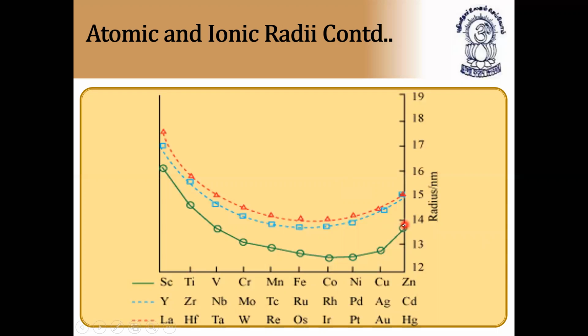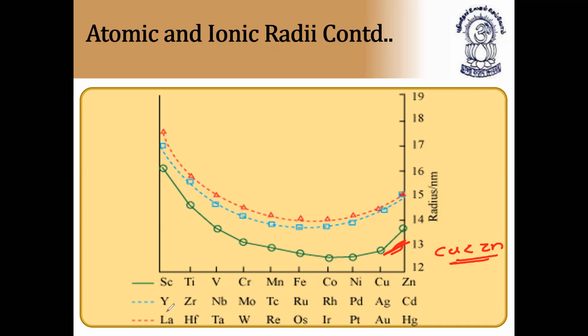For zinc it is increasing. When compared to copper, the atomic radius of zinc is more. That is most important. So this line is most important. Copper's atomic radius is less than zinc. So first it decreases, then it remains stable, then again it increases.